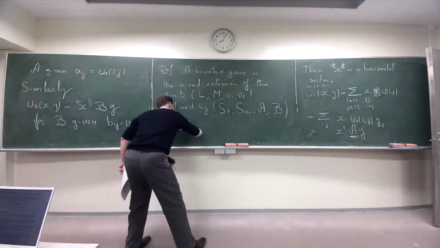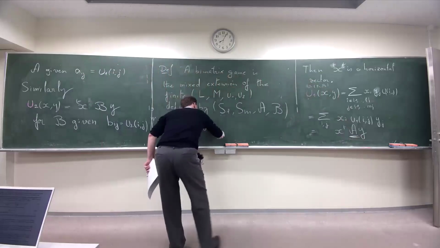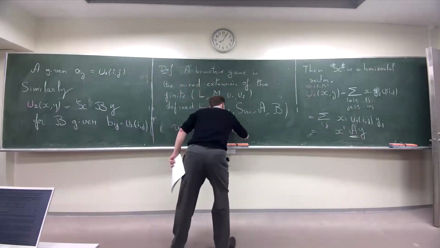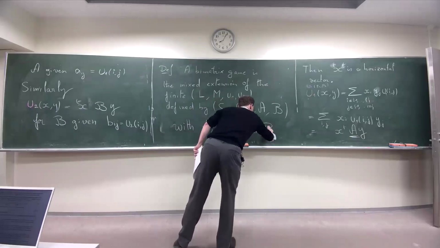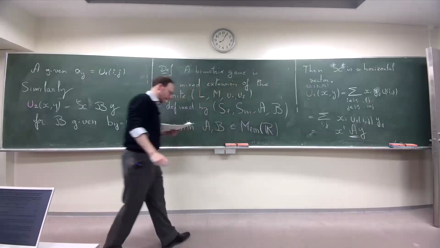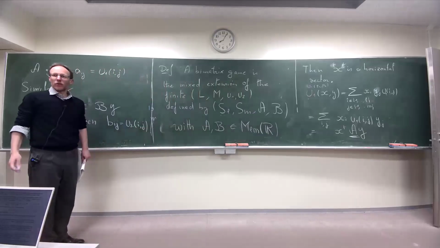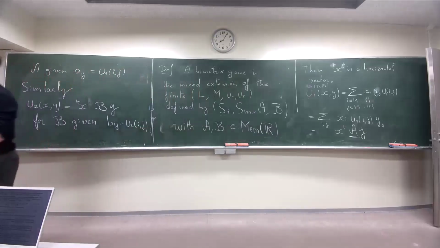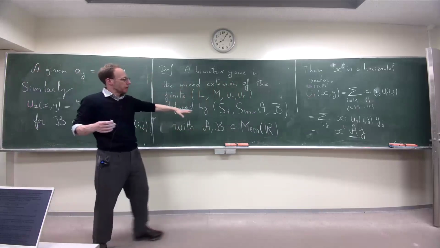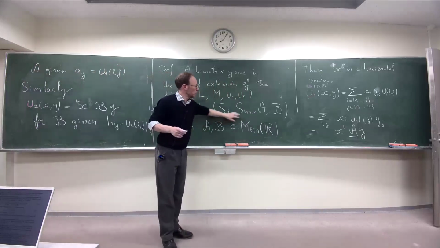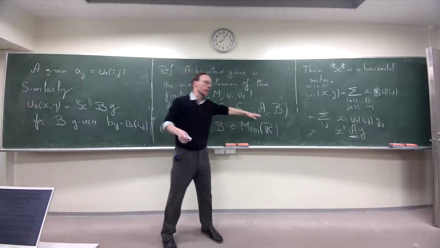And these two matrices are inside the set of L times M matrices with real entries. So we have rephrased the mixed extension of a finite strategic game by two sets containing all mixed strategies and two matrices.